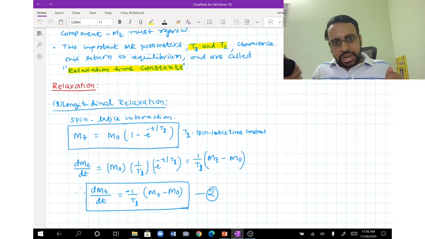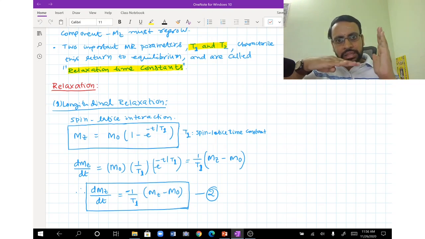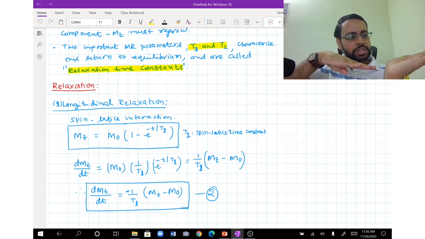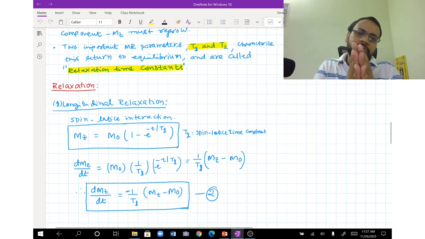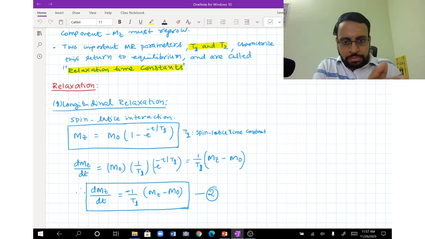Once you withdraw your field in the xy plane, this would again come back to its original position. For large values of t, this term is going to become 0. The rate at which this becomes negligible depends on this constant, and when this is 0, Mz would be equal to M naught after a sufficiently long time duration.